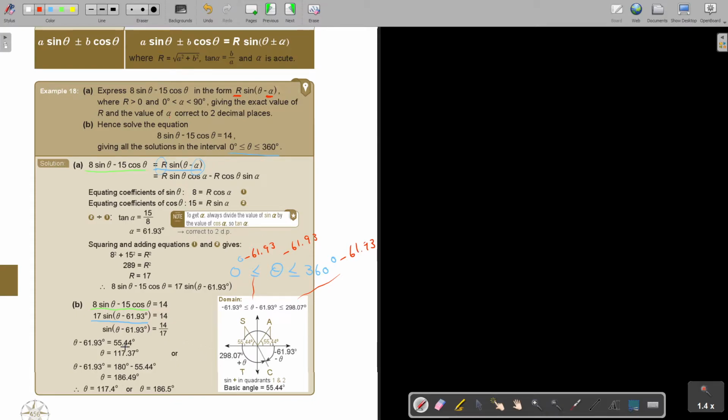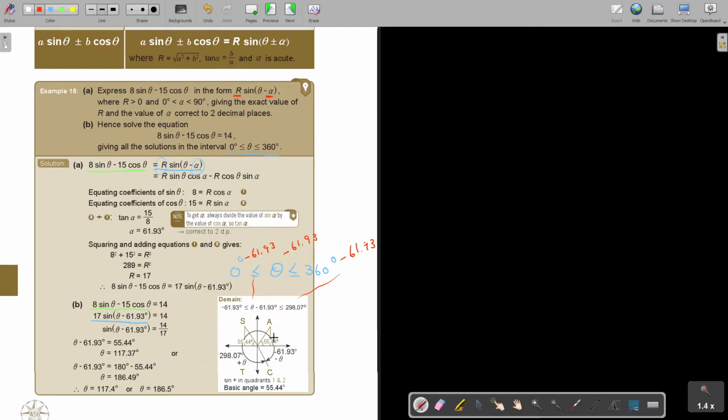Okay, but if I'm looking, sin is positive, so it's not going to influence this, because sin is positive in quadrant 1 and 2, and there I showed you. Then I find the basic angle, so press shift sin, close bracket, 14 divide 7, close the bracket, approximate also to 2 decimal places, so that your answer is correct to 1 decimal place.